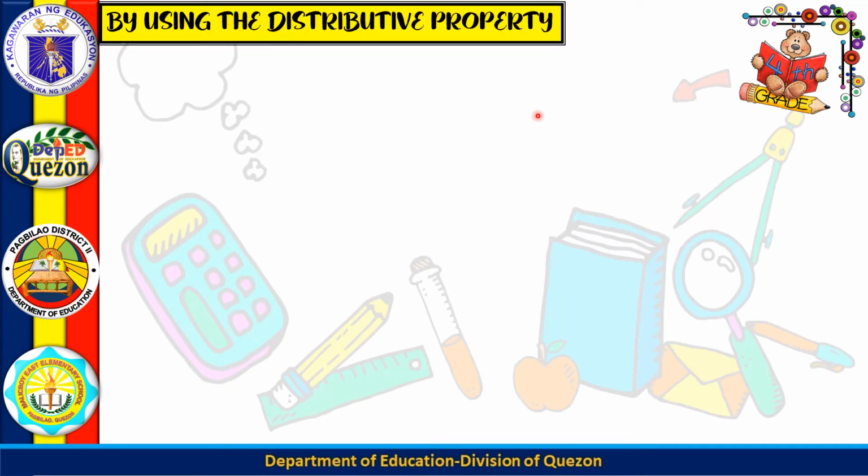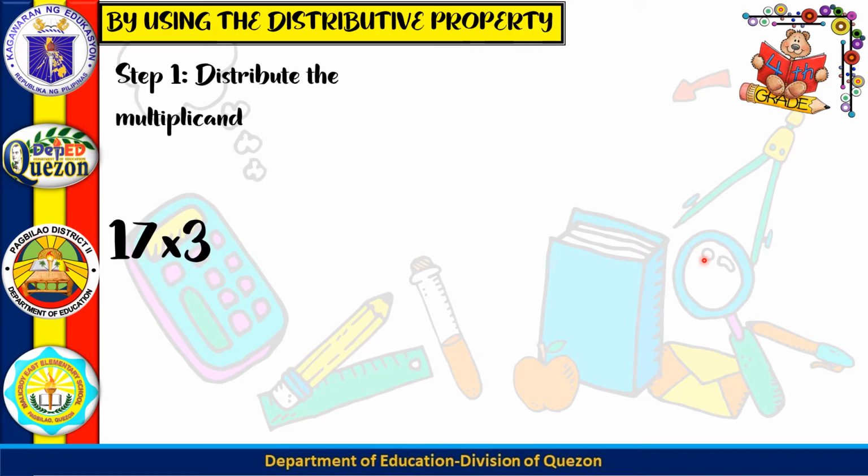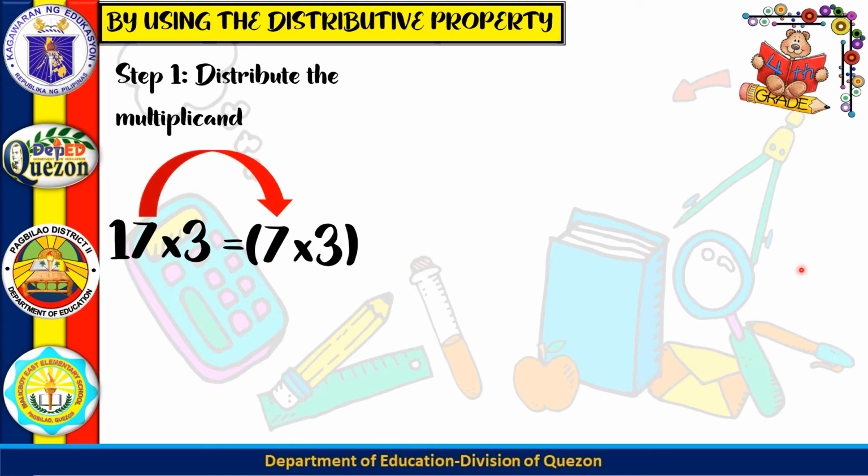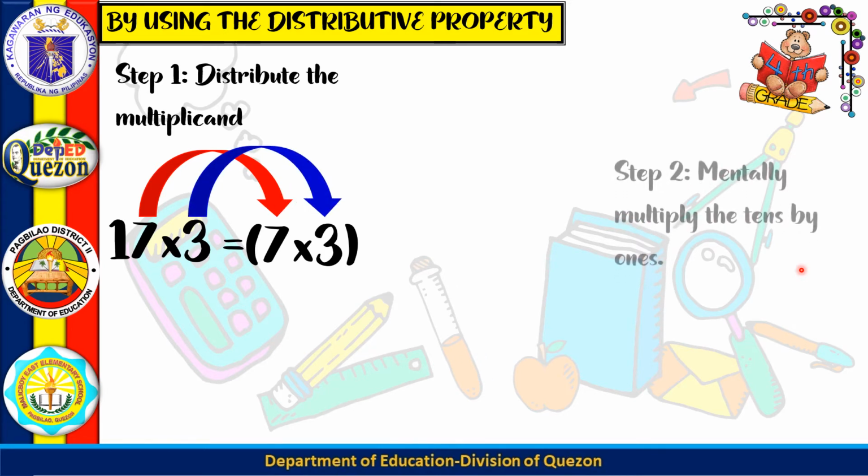Let us proceed to the second way of multiplying mentally by using the distributive property. Let us also follow the 3 steps. First, distribute the multiplicand. We have 7 times 3, the 7 coming from the 17 or the ones place, and the multiplier.